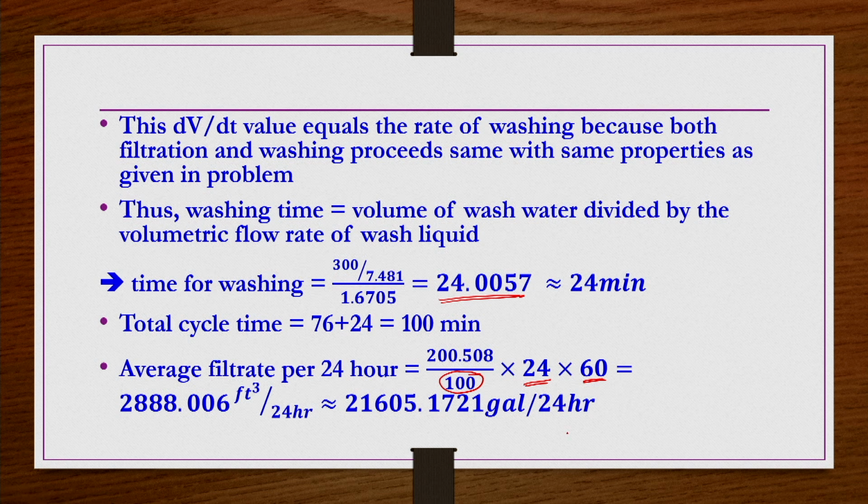This is the second part of the question. So, that comes out to be 2888.006 feet cube per 24 hours, and if you convert this into gallons, it will be 21605 gallons per 24 hours. This is the average filtrate that you get per 24 hours of filtration time.